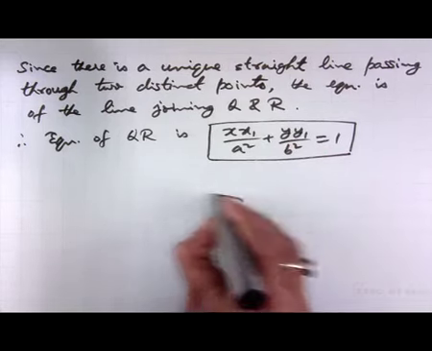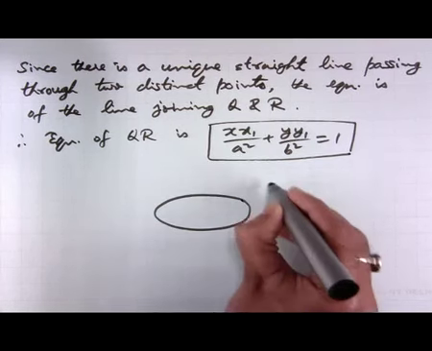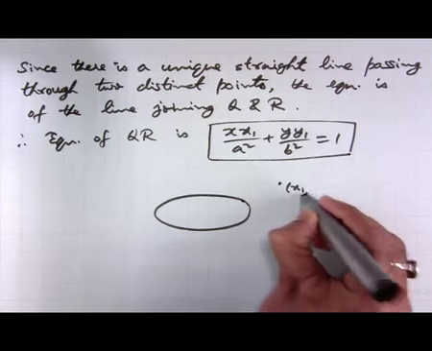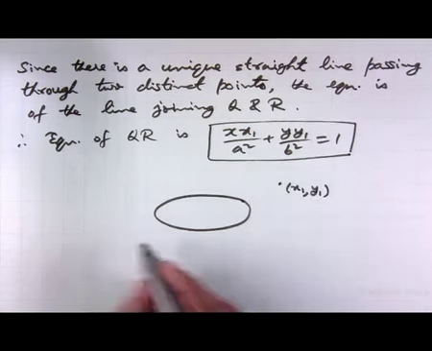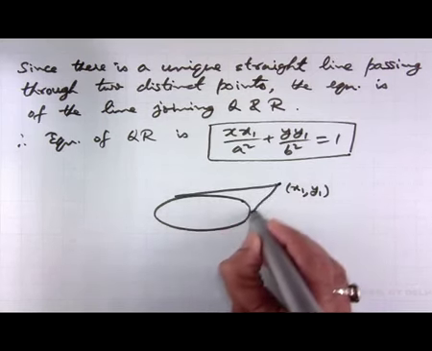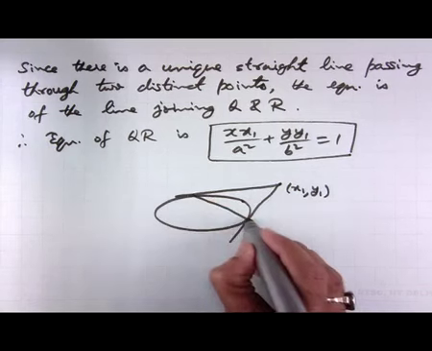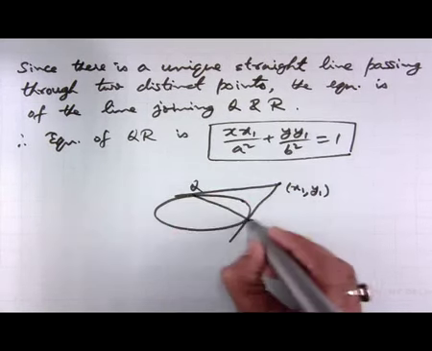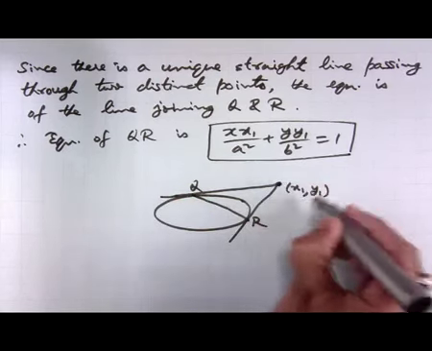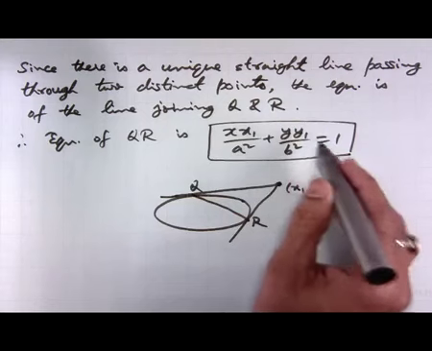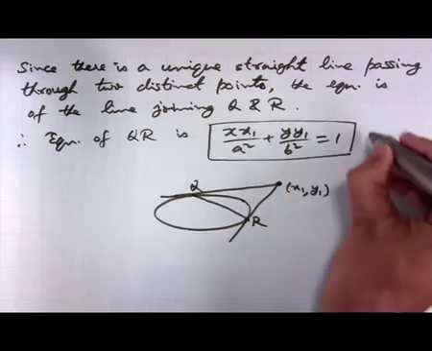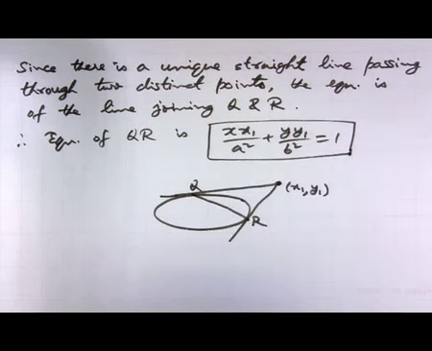So, we have this ellipse and we have any point (x1, y1), and then the equation of the chord joining these 2 points Q and R is nothing but plugging in (x1, y1) in the equation of the tangent line at a point on the ellipse. This gives us the formula for the equation of the chord.